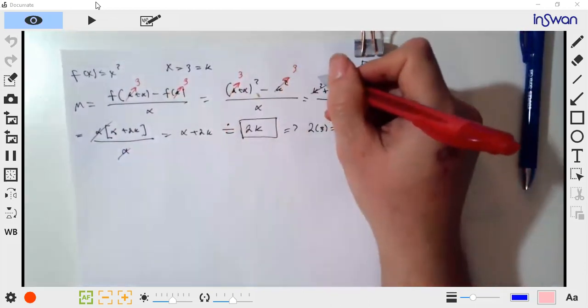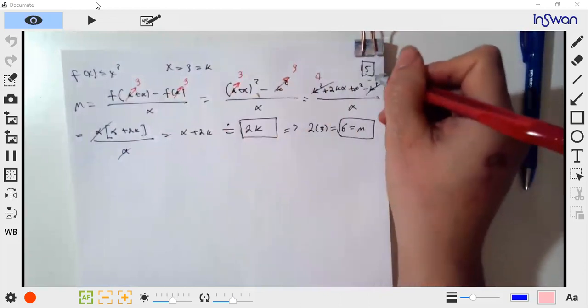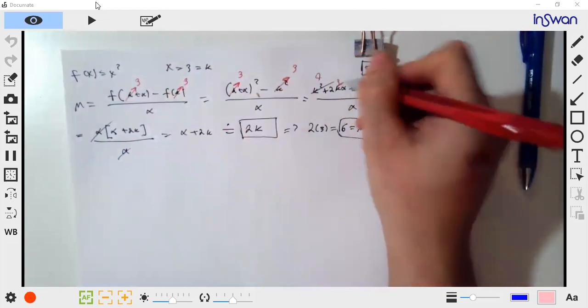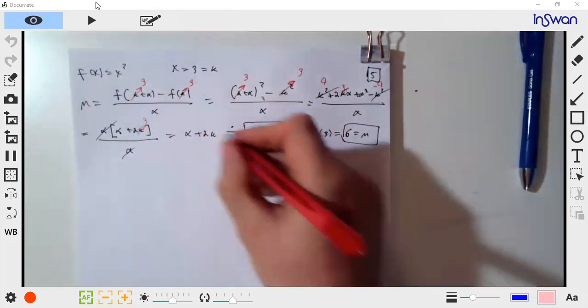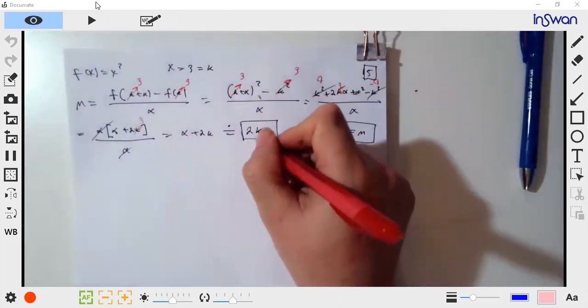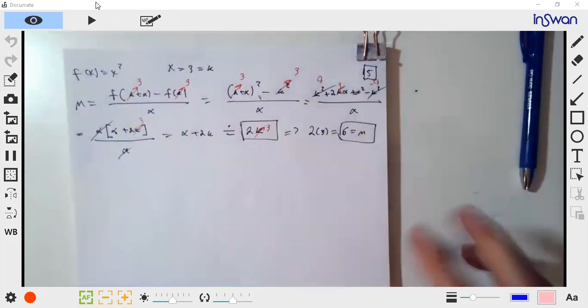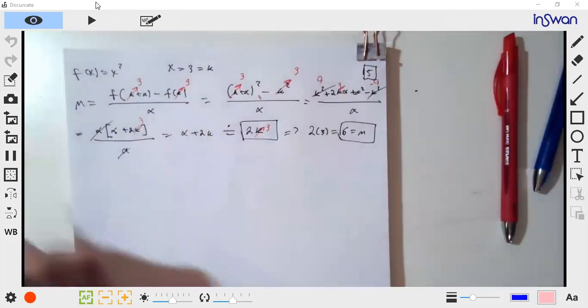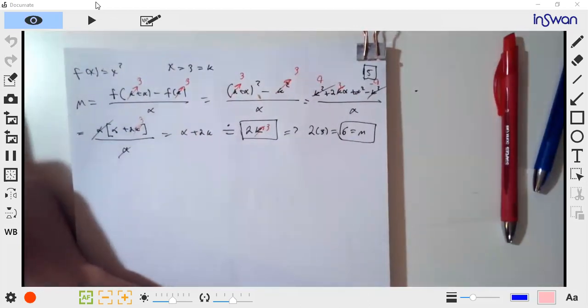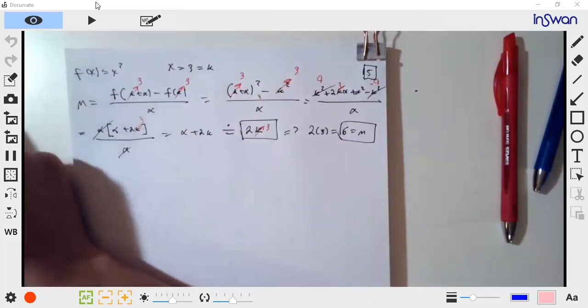So this would have been 9 minus 9, and so on. You get the point. So again, it would have reduced down here to 2 times 3, which would have been the same thing as 6. Mathematicians like to work in general.